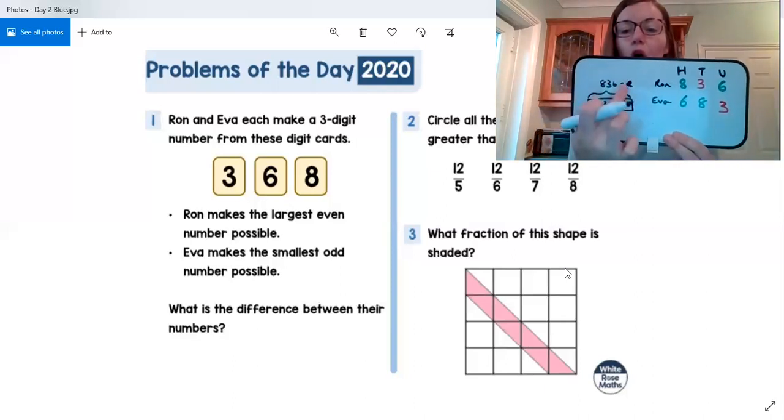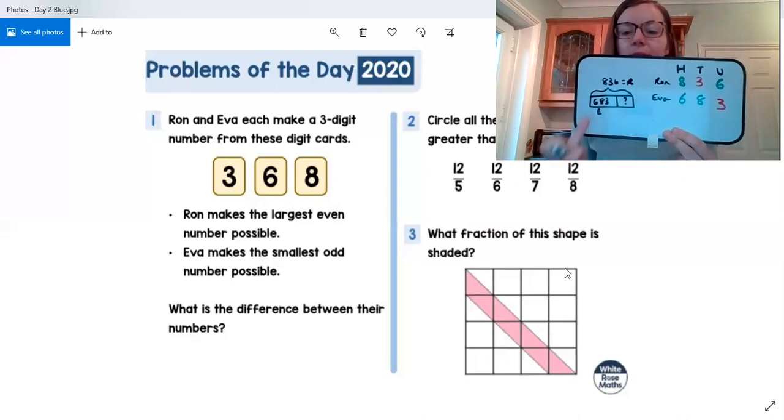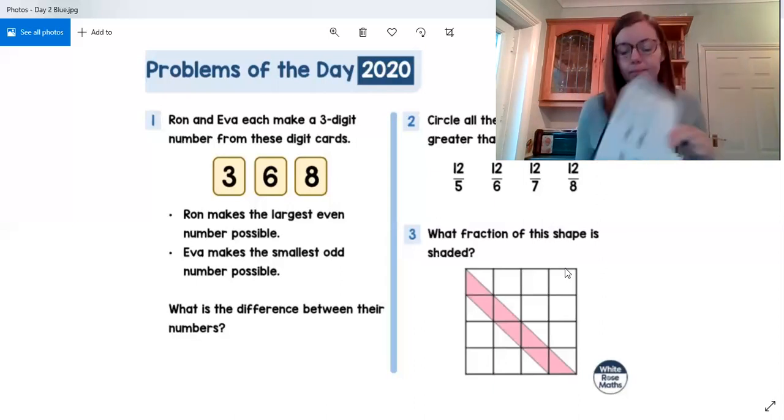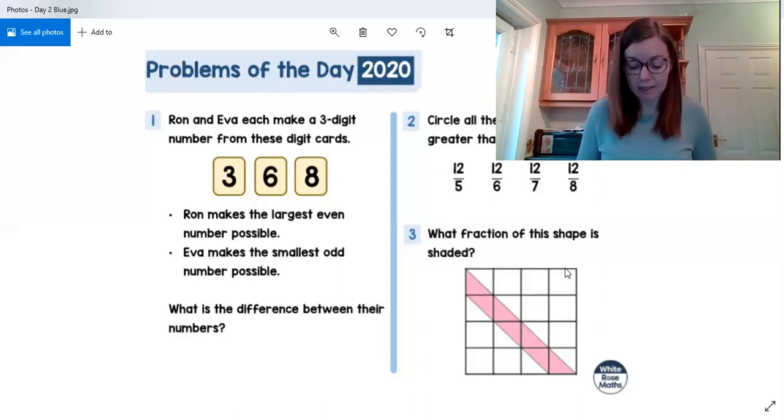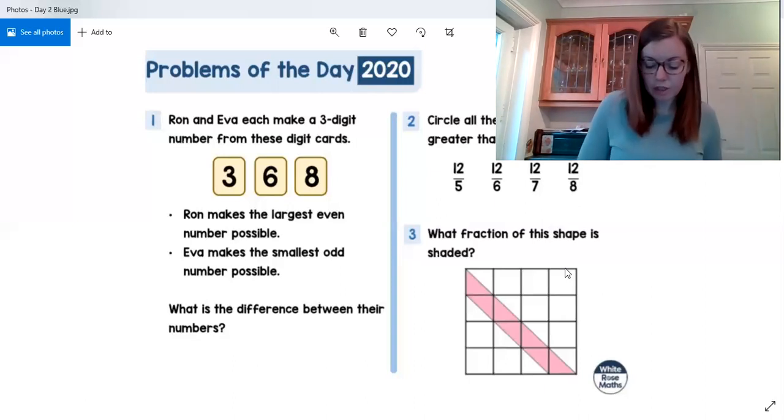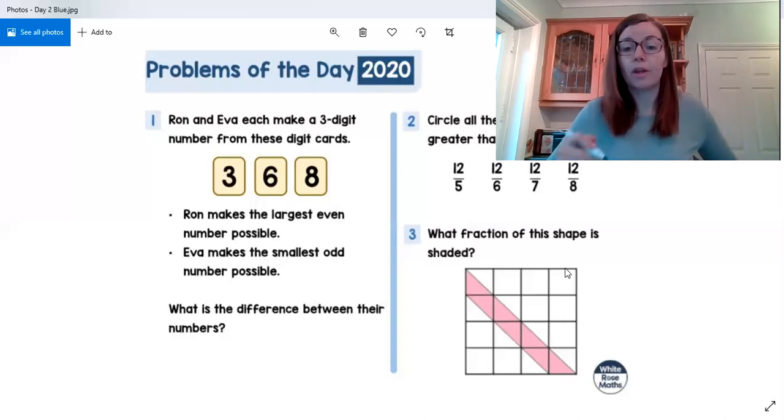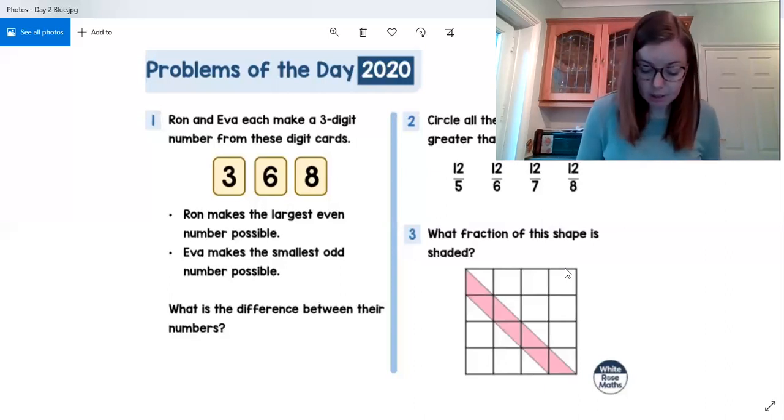So we have our whole 836, our part 683, and we're looking for our difference, a takeaway. So this gives us a chance to practice some column subtraction. So let's have a go, making sure with our subtraction, our larger number is going on the top.